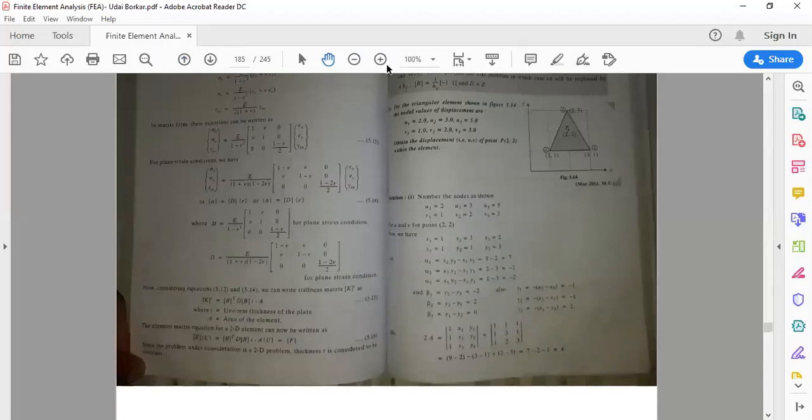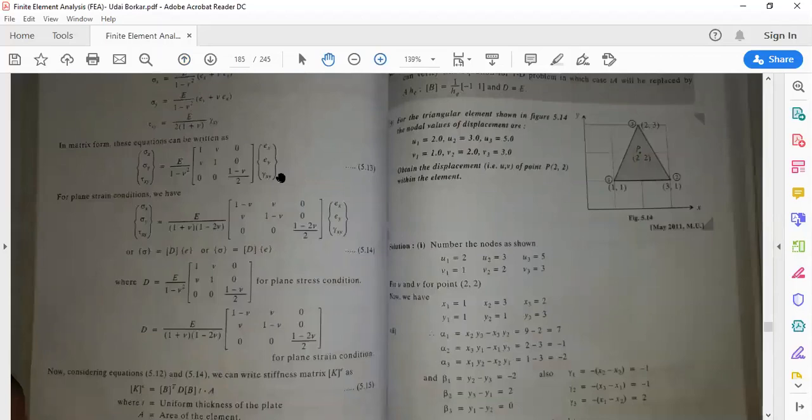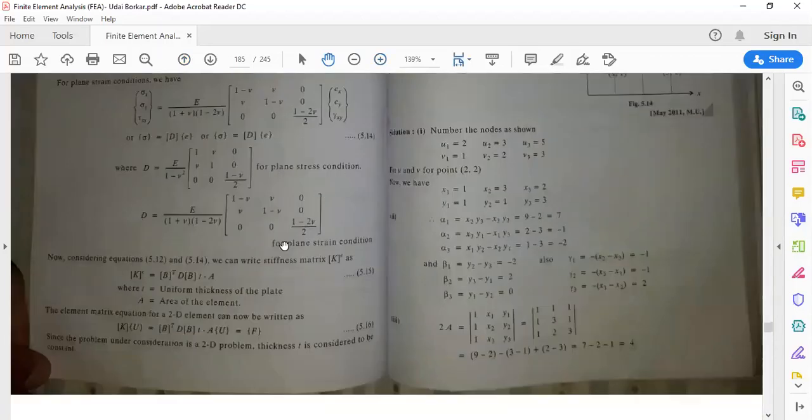One we consider as the plane stress condition and the other is the plane strain condition.